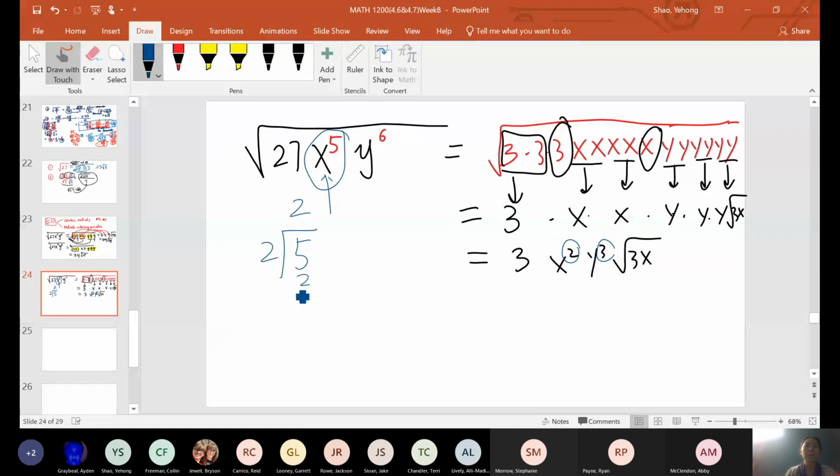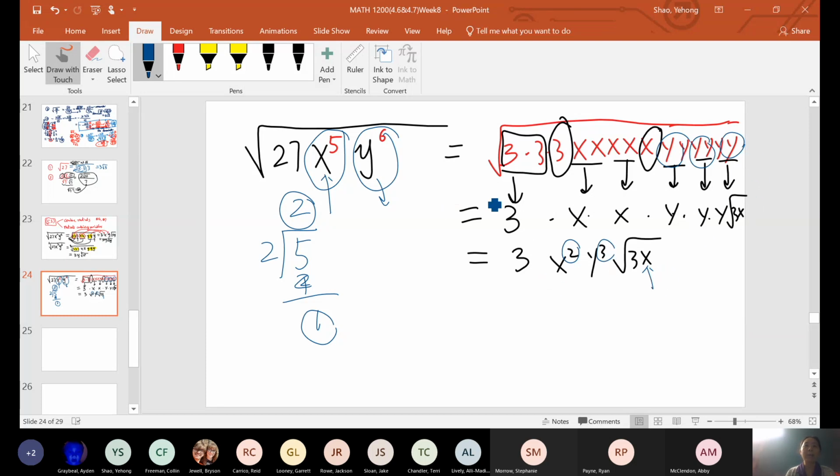You get 2 groups of 2, but you're going to have one student left, and that student x will stay in there. Similarly, if you have 6 copies of y and make groups of 2, that gives you exactly 3 groups, because every 2 make a pair. These 2 make a group, these 2 make a group, so you will have 3 groups of y. So y to the 3rd, and no more y left.